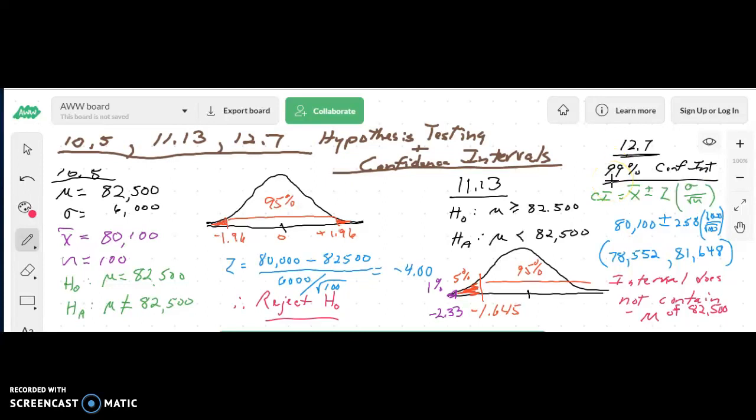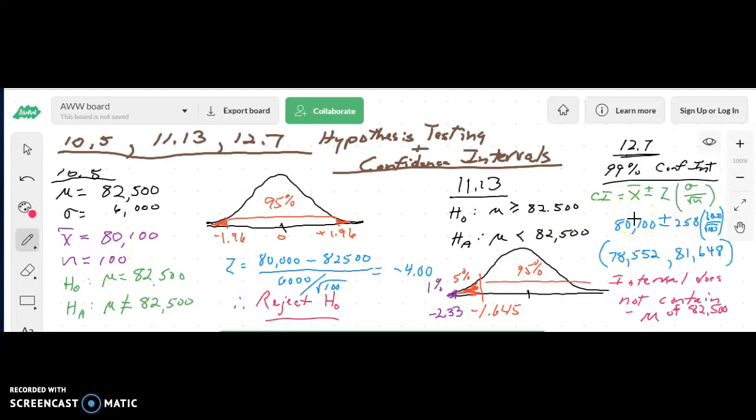And what that means is this. If this random sample of 100 females produced a mean of 80,100, then what can we say about the entire population of women? Not all men and women, but of all women.